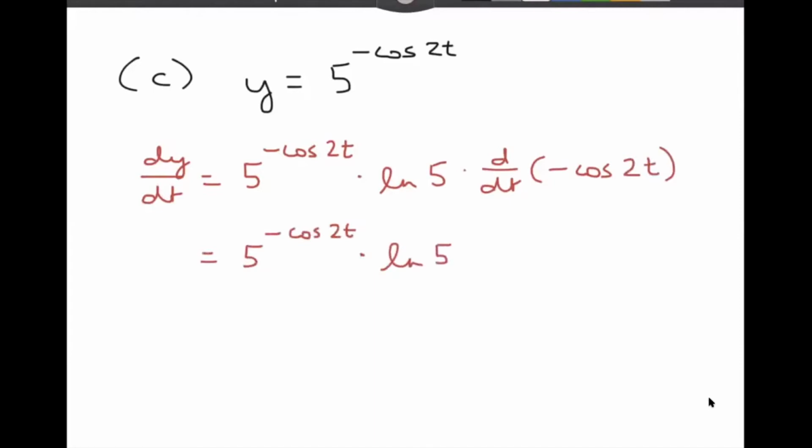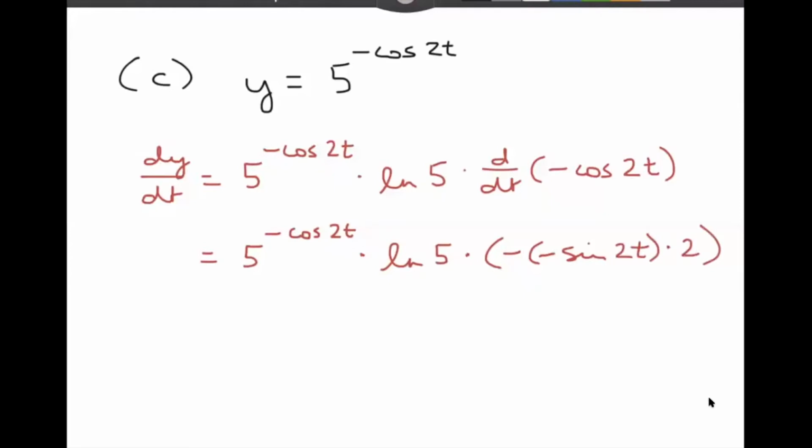Okay, so what is the derivative of negative cosine 2t? Well, it would be negative, and then the derivative of cosine is negative sine, so there's another negative. This is going to be negative sine 2t times the derivative of 2t, which is 2.